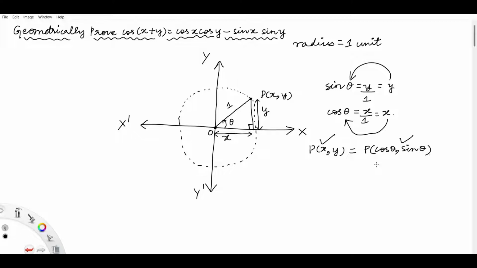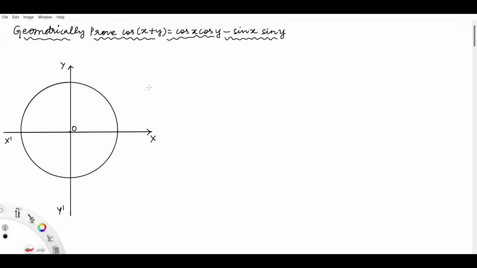So using this concept, we are going to derive cos of x plus y is cos x cos y minus sin x sin y. So let us begin with that. Consider a circle with unit radius, or consider a unit circle, and center at origin.